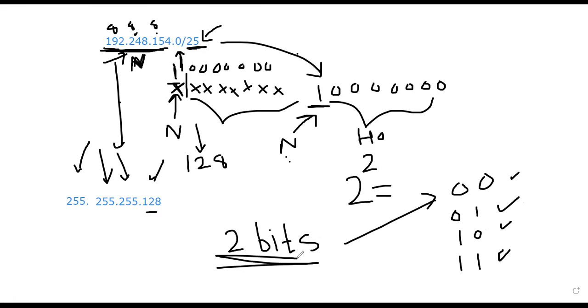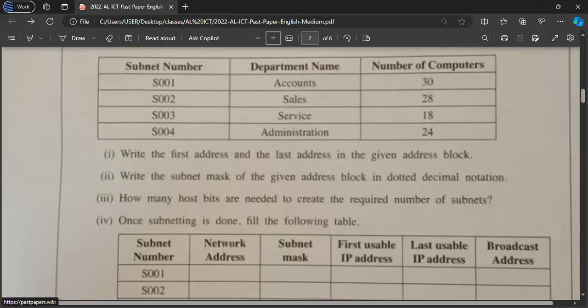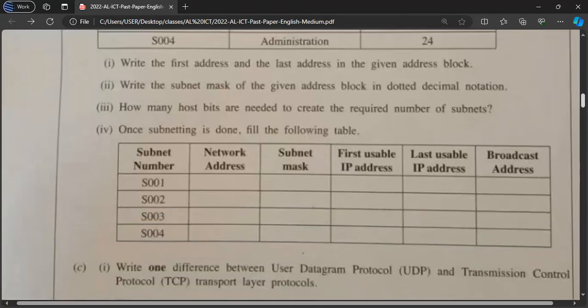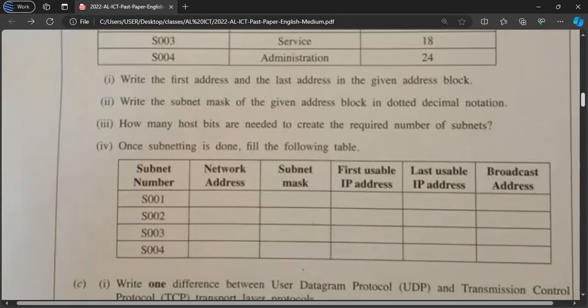Now let us move on to the next question. In this scenario, they have given: once subnetting is done, fill the following table. You are required to fill this table. Let me first put this table on my whiteboard, then start explaining.